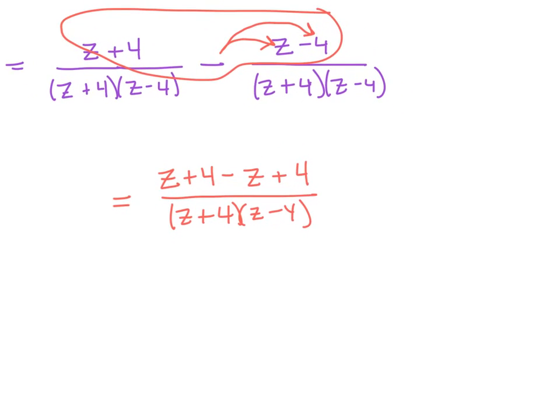And then we look for any like terms we can combine on top. Well, that's kind of nice because z minus z actually cancels out. So we're left with just the 4 plus 4, which is 8, over z plus 4, z minus 4. And when you look at that, I can see that we have an 8 on top. There's no 8s on the bottom to cancel that with, so this is our final answer.